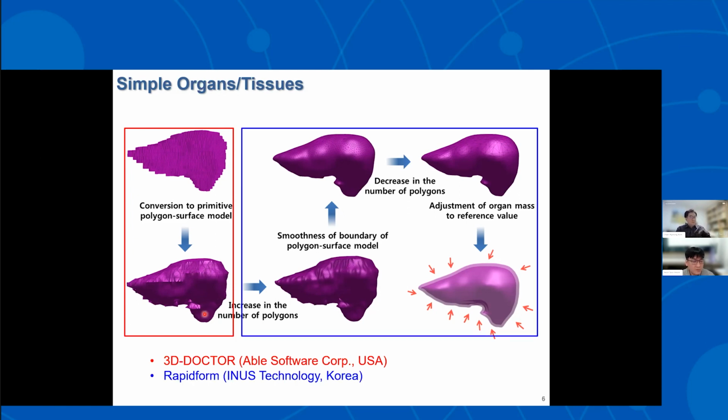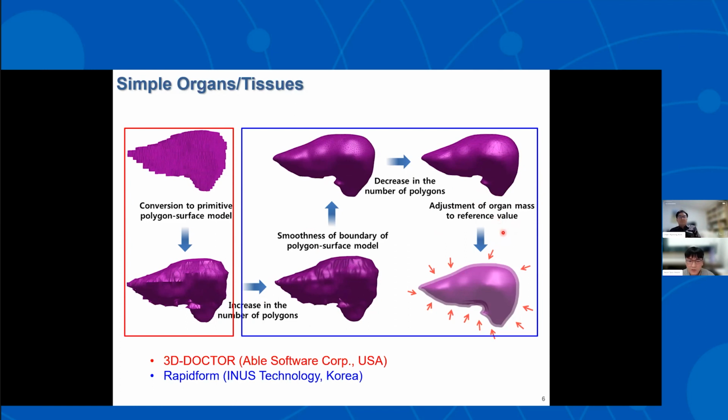So therefore, this primitive mesh model was carefully refined by using the Rapidform program to smooth the outer surface, minimize the number of faces, and match the reference organ mass.